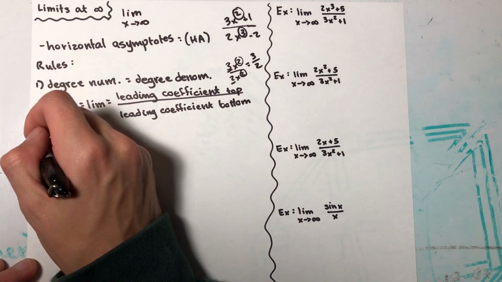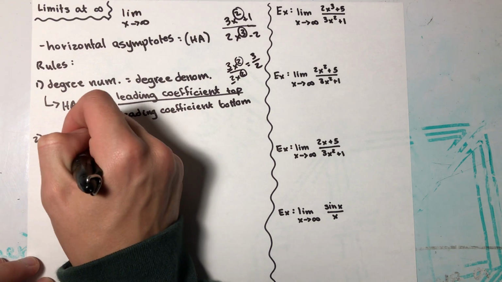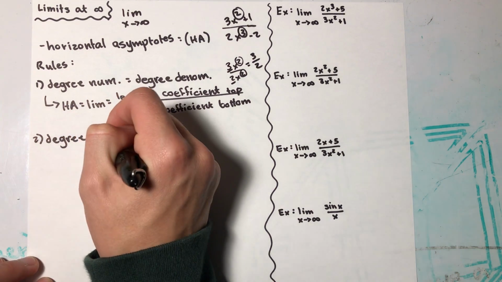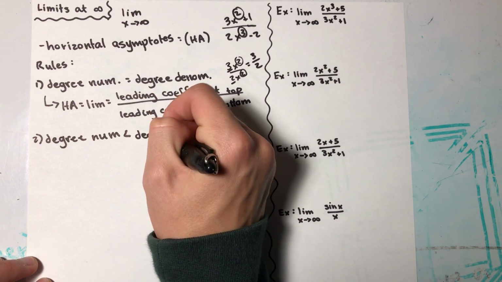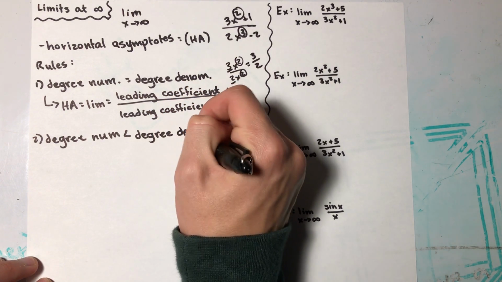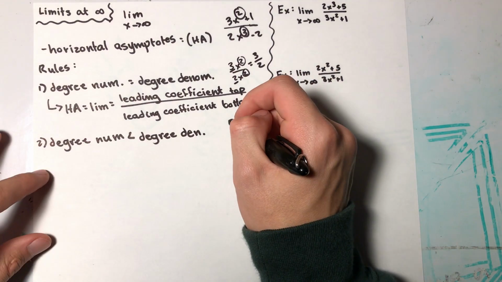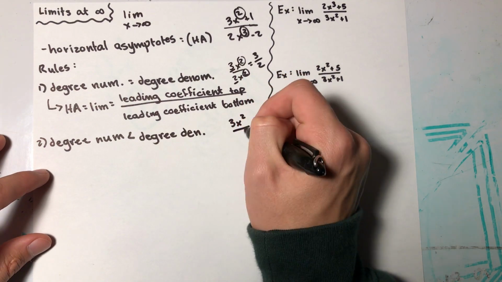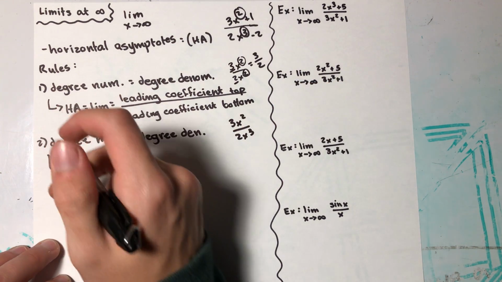So relatively easy. The second rule is when the degree of the numerator is less than the degree of the denominator. An example of this would be, let's just say, 3x squared over 2x cubed. Now this one is relatively easy.